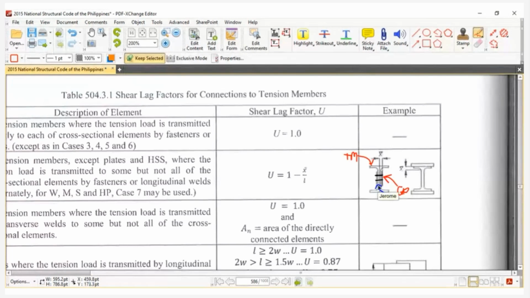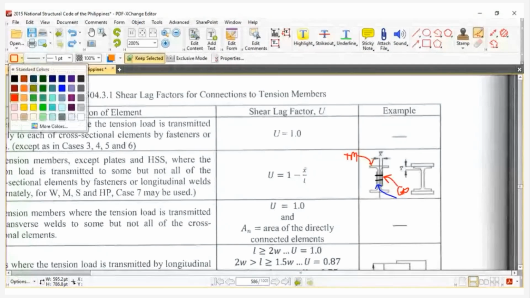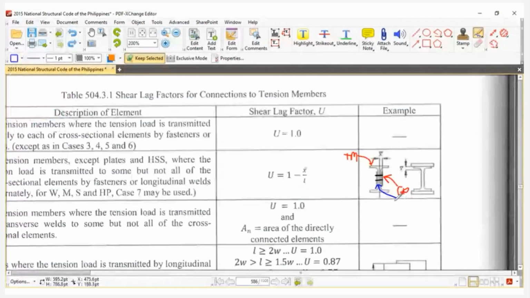Okay. And then here is the centroid of the I-beam, of your tension member. Right? So the distance between that centroid to the plane of connection. So your plane of connection is this one.